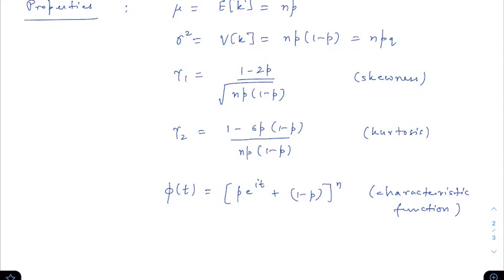As an illustration, we can look at how we prove the first of these. So the mean is the expectation of k. For the discrete case, this is given as the sum over k times the probability distribution function.